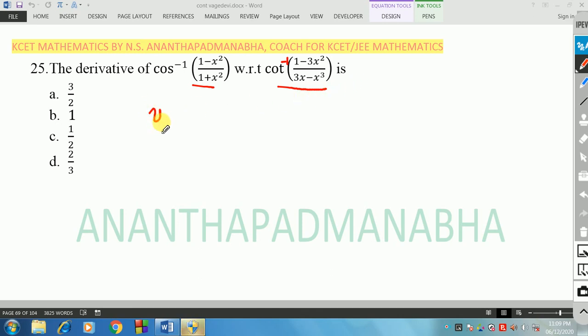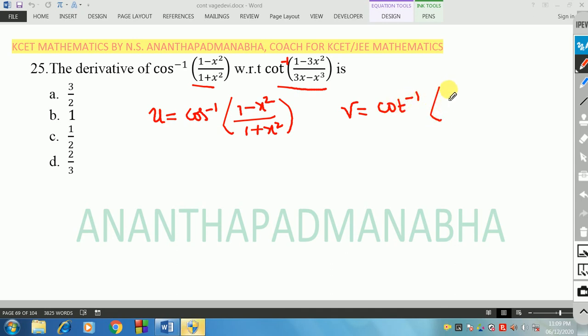So we'll take u as cos inverse of 1 minus x square by 1 plus x square and v as cot inverse of 1 minus 3x square by 3x minus x cube.